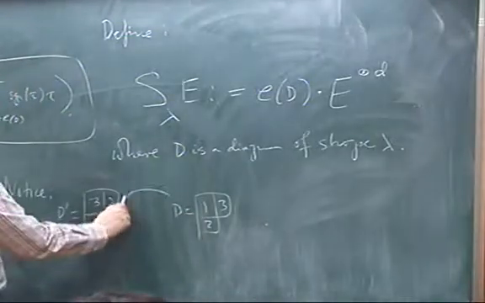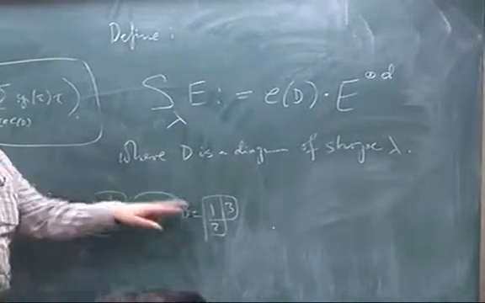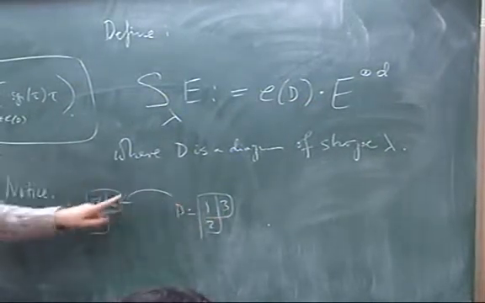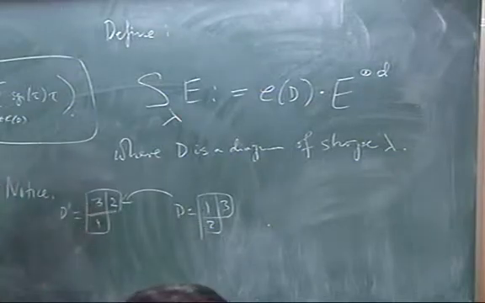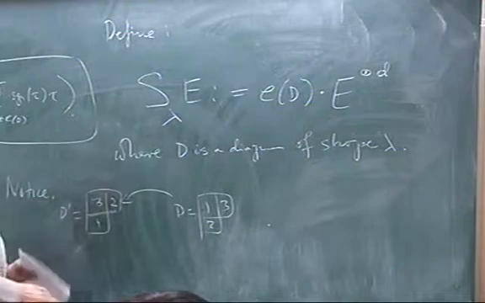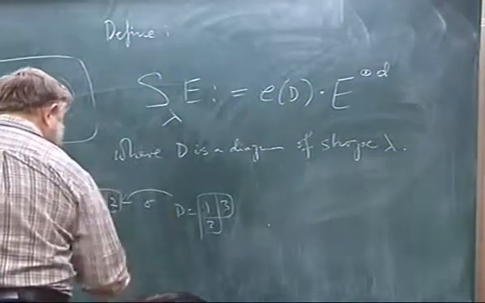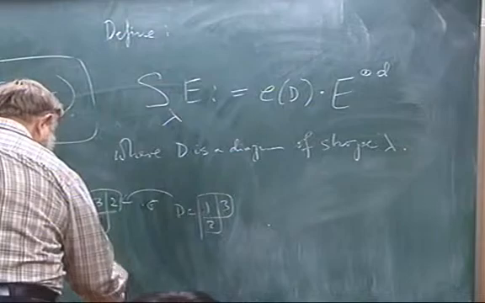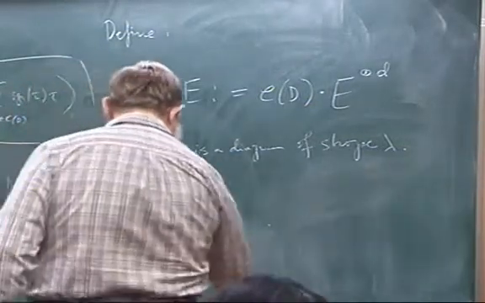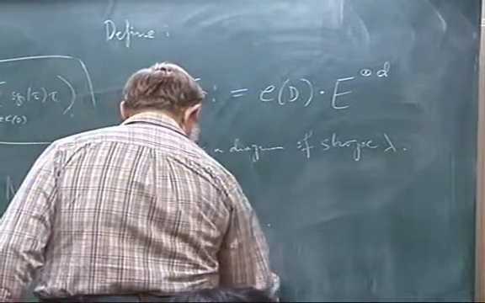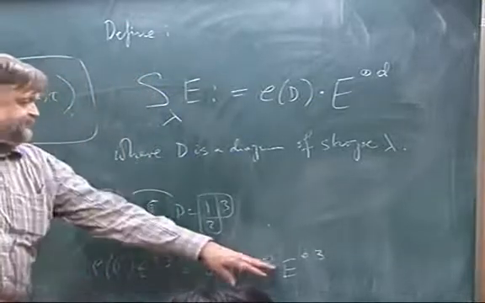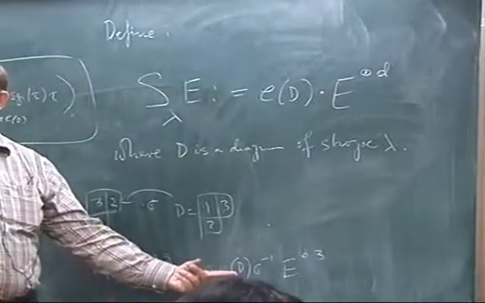Then you see I have a permutation sigma going from here to here, taking 1 to 3, 3 to 2, and 2 to 1. Okay, so then you can see directly that E of D prime, E tensor 3, is, I think, sigma E of D sigma inverse, E tensor 3. So it's isomorphic.